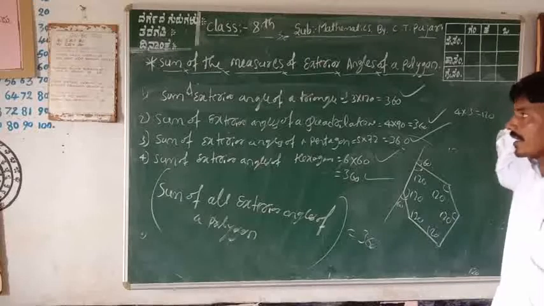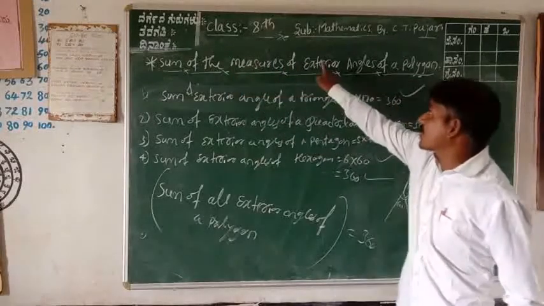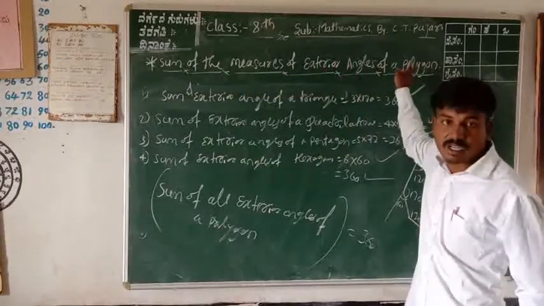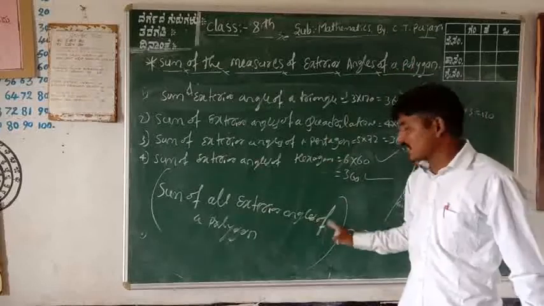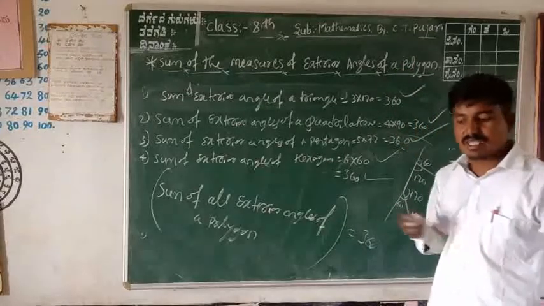Therefore, our condition is that the sum of the measures of the exterior angles of a polygon is 360 degrees.